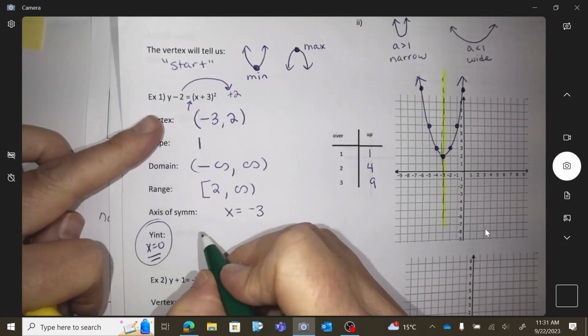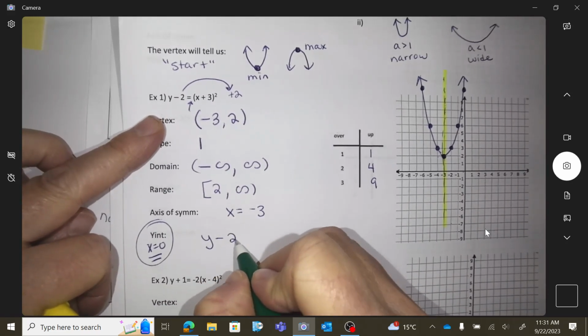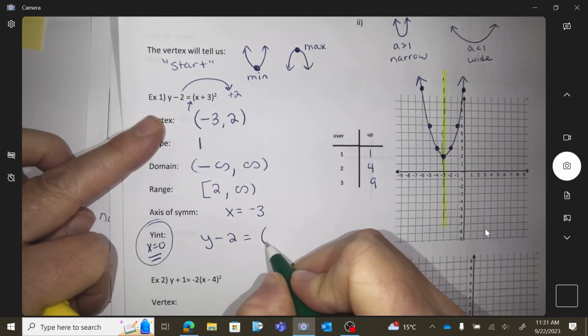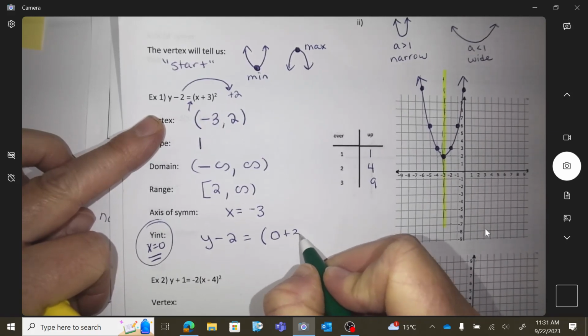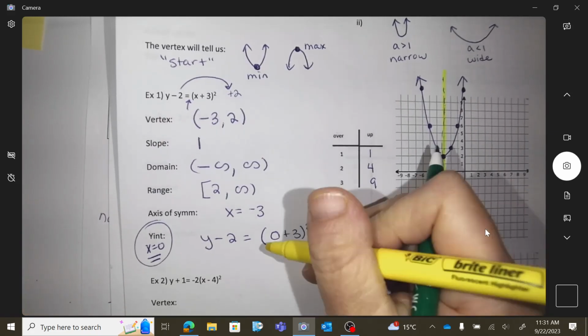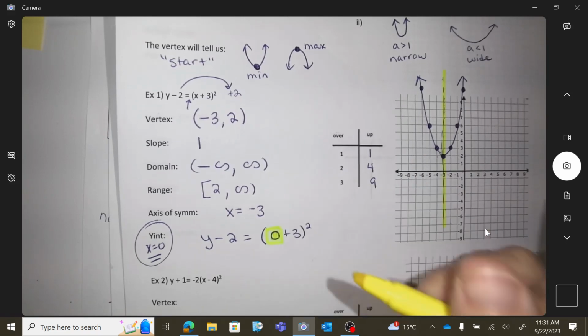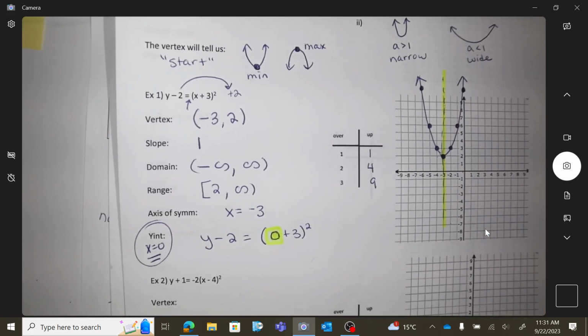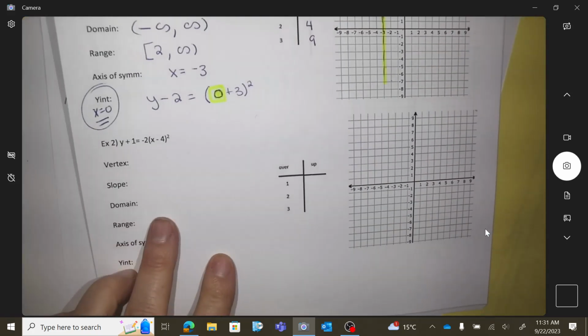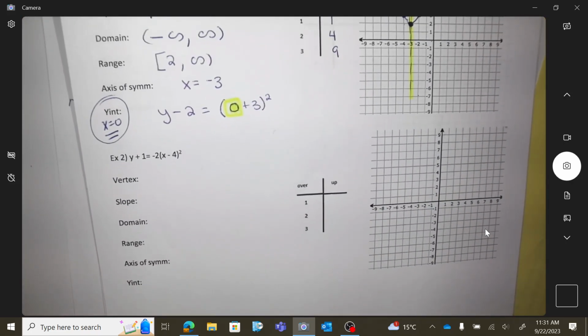So here's my equation: y subtract 2 equals bracket 0 plus 3 squared. See what I did? I made x 0.